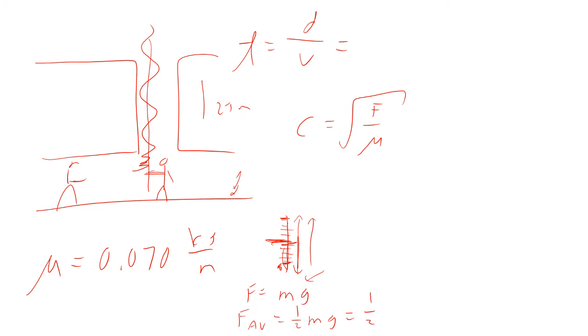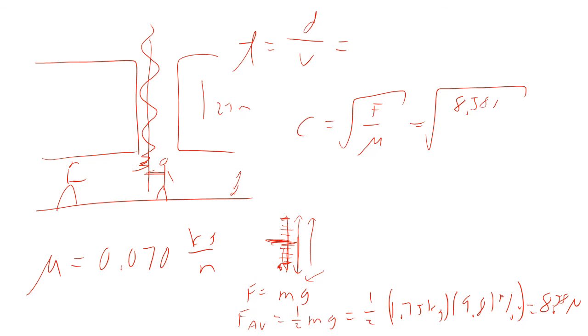So that's 1/2 of 1.75 kilograms times 9.81 meters per second squared. And so that comes out to be 8.58 newtons.